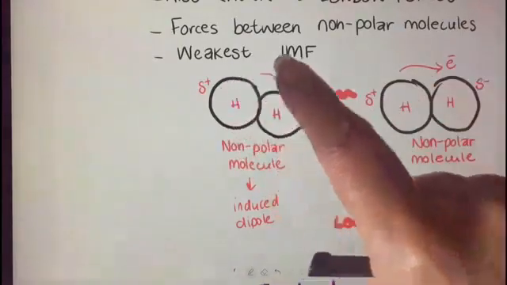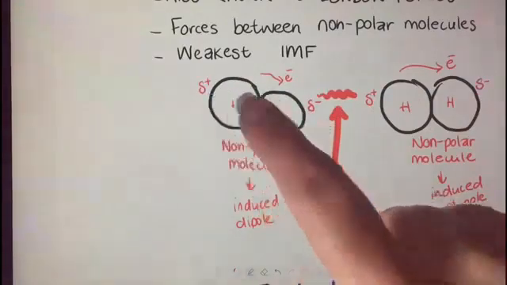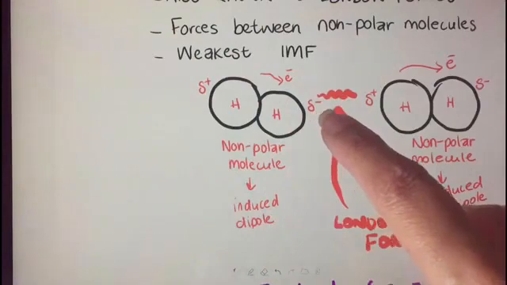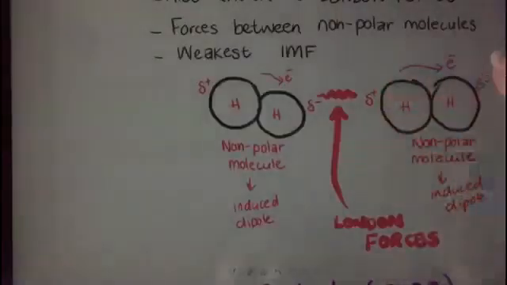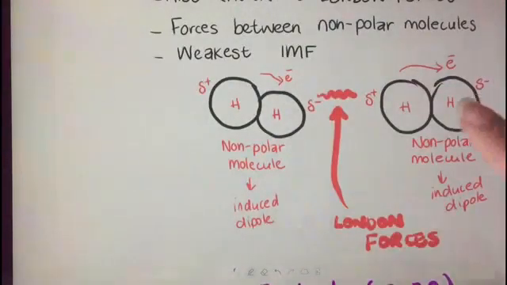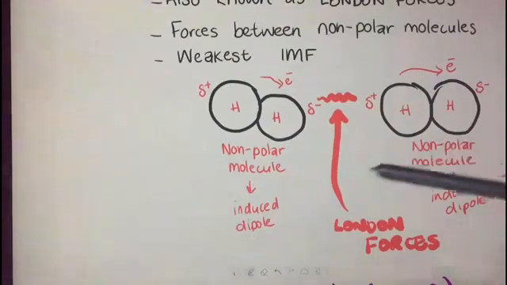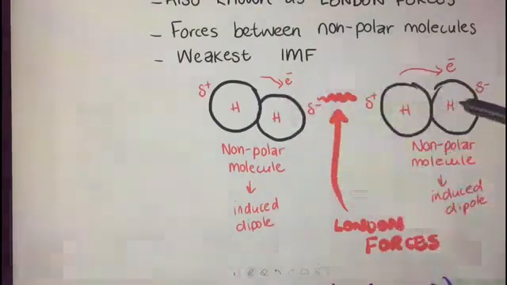When all the electrons are on the one side, the side is slightly negative, that side is slightly positive, so it's an induced dipole. And this slightly negative side could cause the electrons in the adjacent molecule to move to this side over there. So what happens, this side is now slightly positive, that side is slightly negative. And this attraction between non-polar molecule and non-polar molecule is referred to as induced dipole, or London forces.